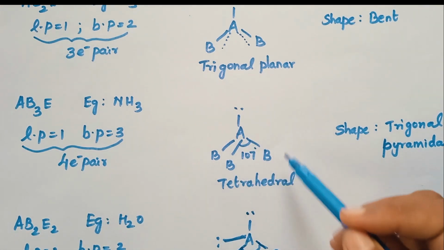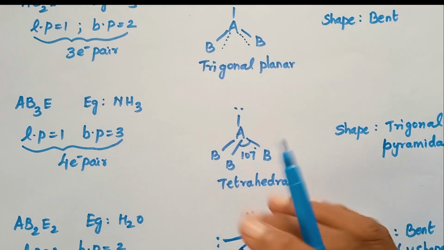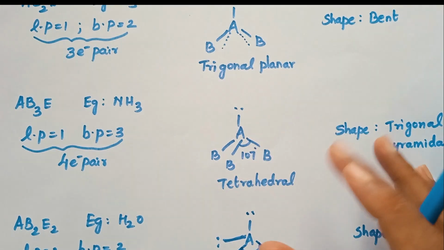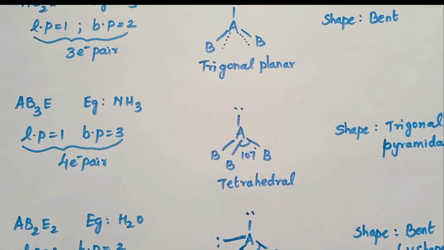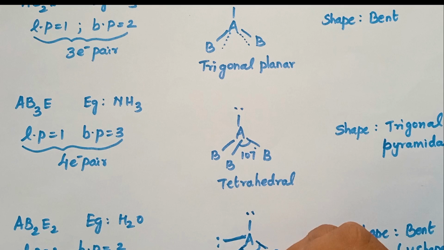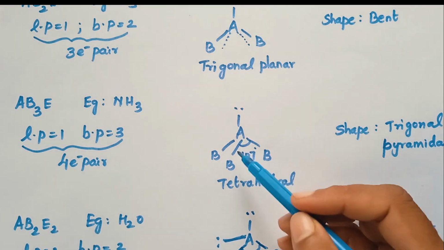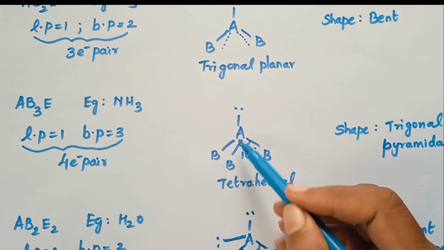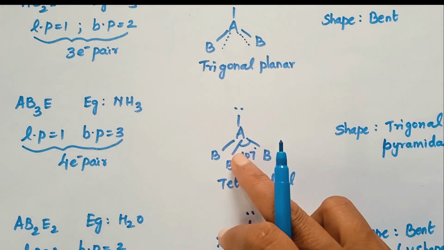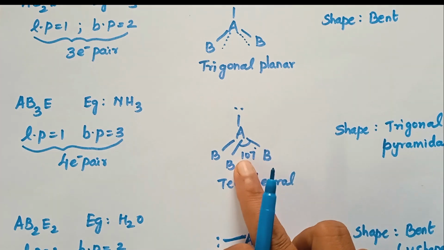So initially the geometry of the electrons is arranged in tetrahedral shape, but because of the repulsion between the lone pair and these bond pairs, it forms a trigonal pyramidal shape. Actually these three bonds will occupy some space to avoid the repulsion. Because of that, it forms a trigonal pyramidal shape.